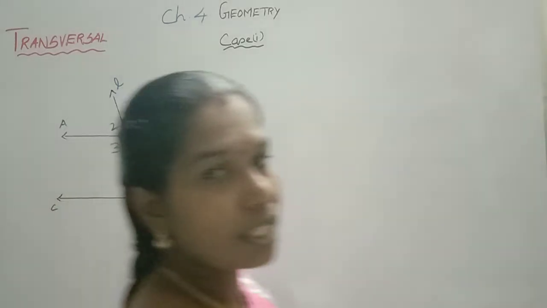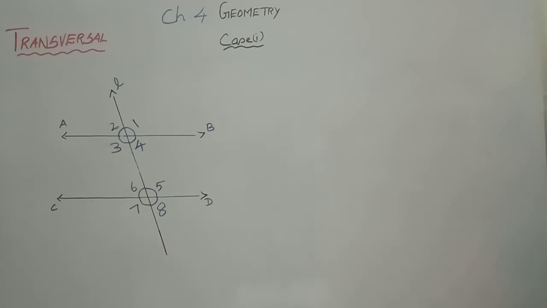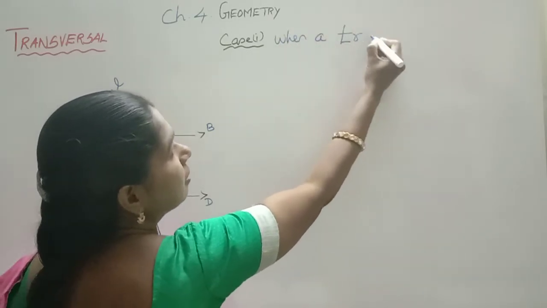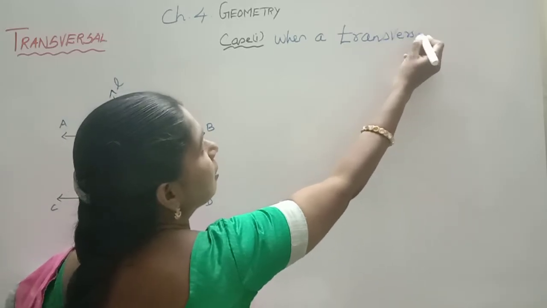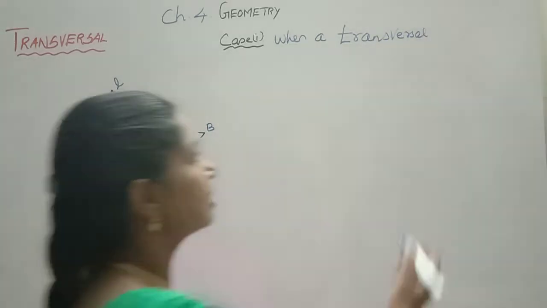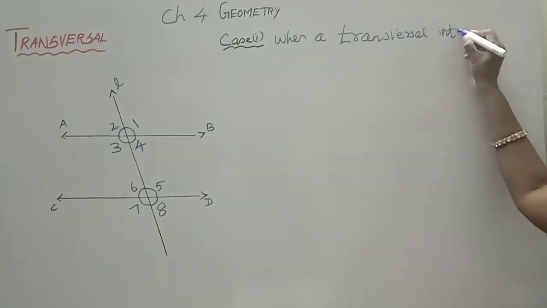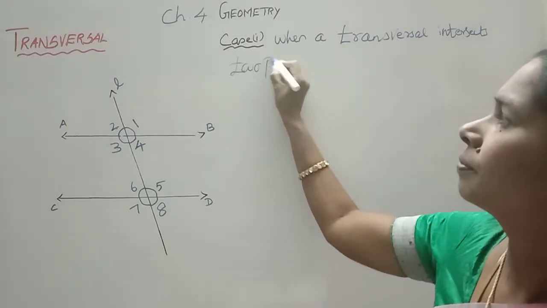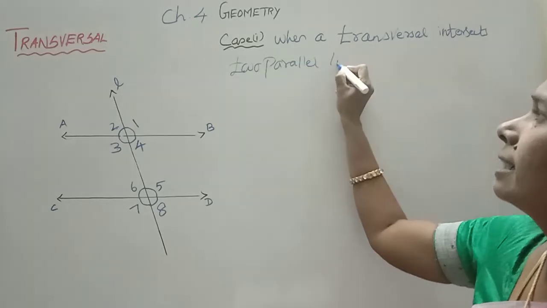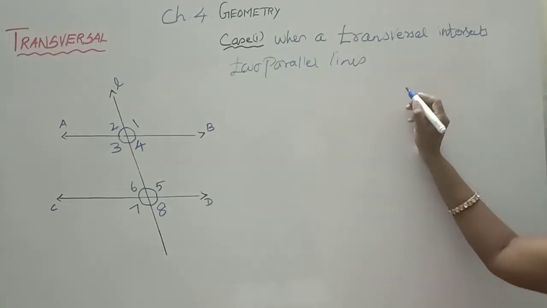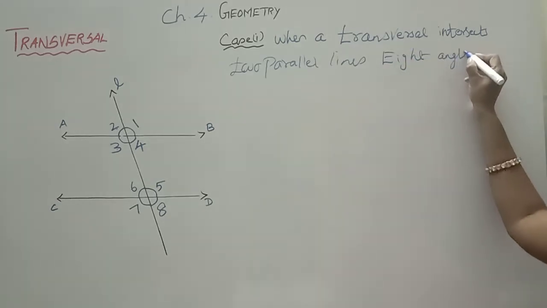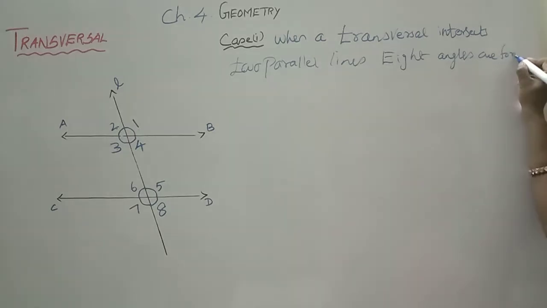In case 1, when a transversal intersects two parallel lines, how many angles are formed? 8 angles are formed.